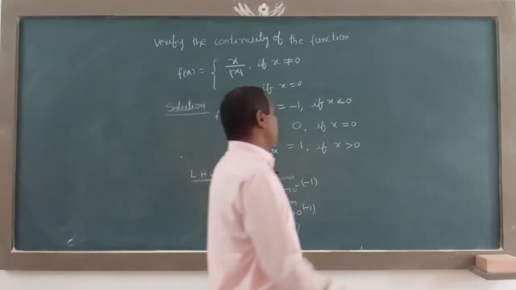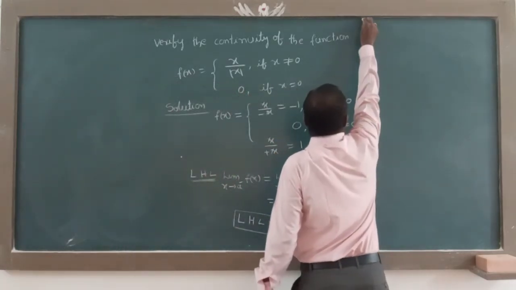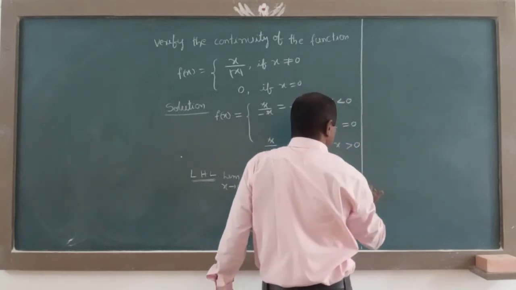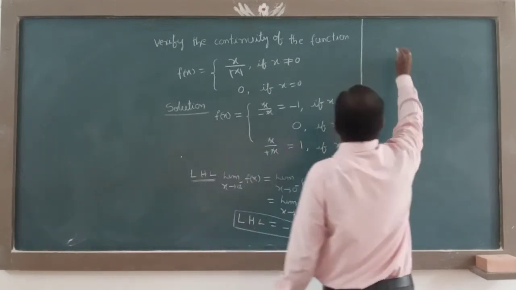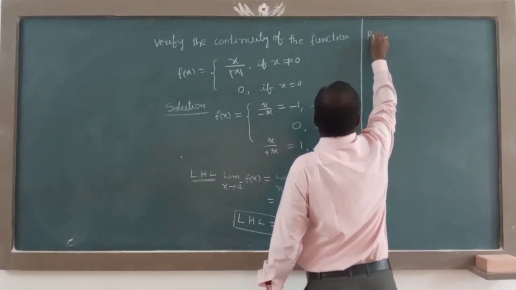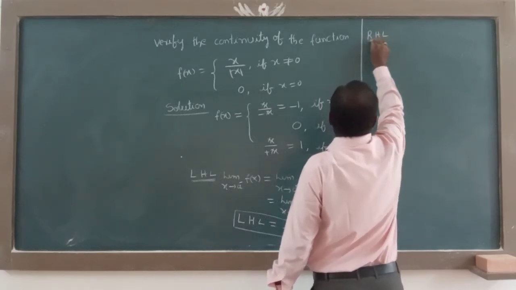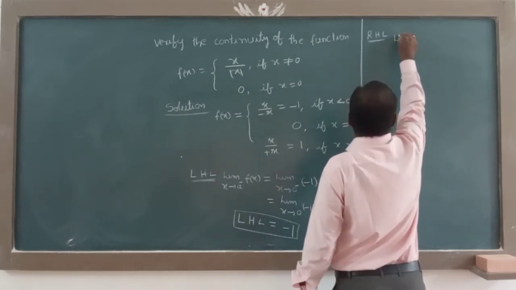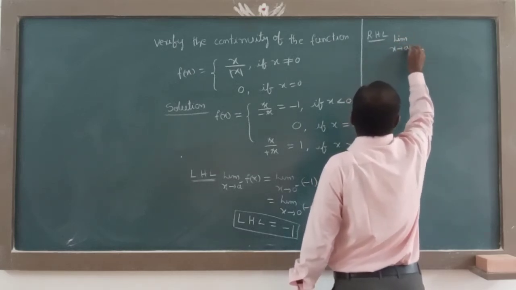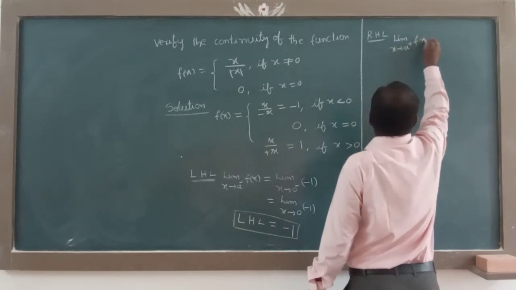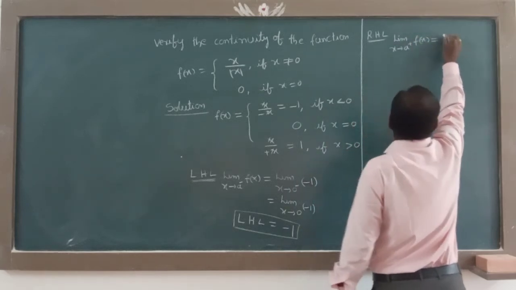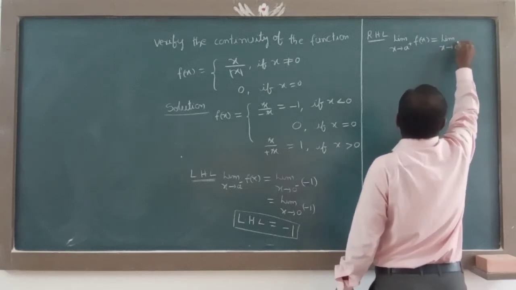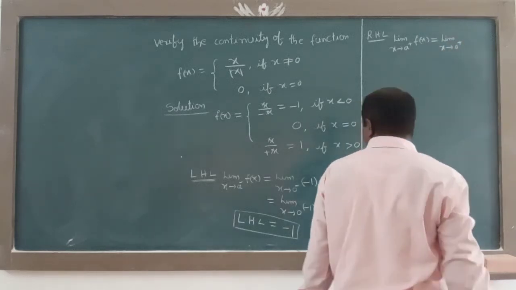Similarly, in the same way, we calculate the RHL, the right hand limit. Limit x tends to 0 plus of f of x, corresponding to the greater than symbol.